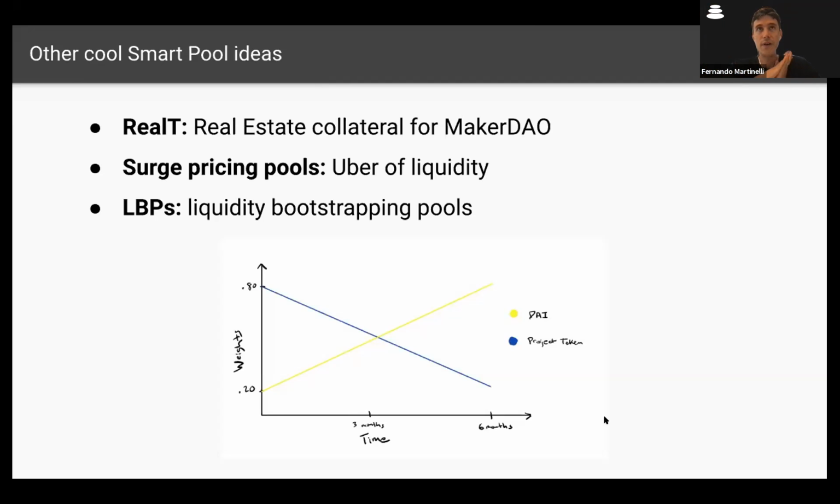The obvious solution would be to just send all the BAL tokens that the vault gets, because it holds BPT, to the owner of the vault. That would be the easiest way, in my opinion. But you guys can charge, as you said. I'm not sure if you meant that, but MakerDAO itself could charge a portion of the BAL tokens that the vault gets, and keep that as protocol revenue or fee.